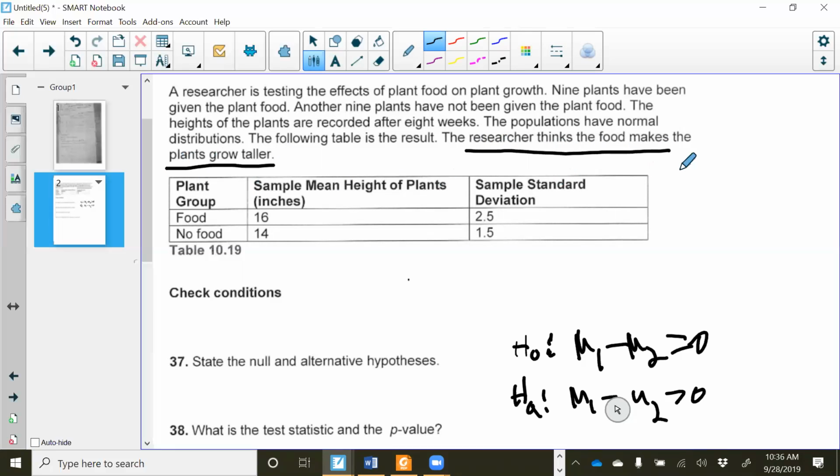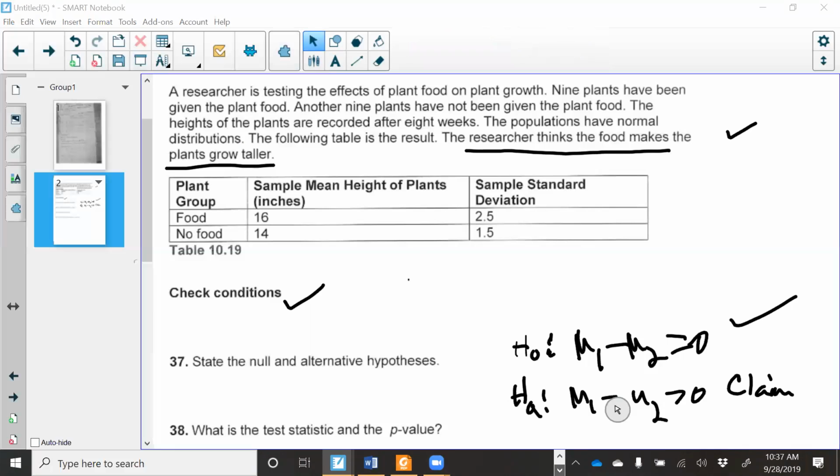So that's my claim, which means HA is the claim. So again, when we do our flow chart, we don't have a condition of equality. If H0 had been our claim, then we would have. So now that we've checked our conditions, we've got the claim, we've got our hypotheses, let's go to Rossman Chance and figure this out.